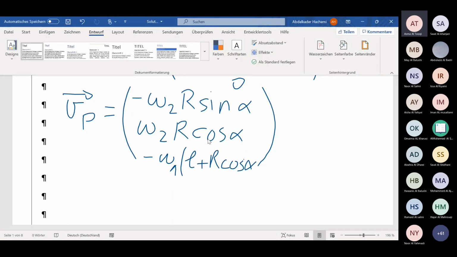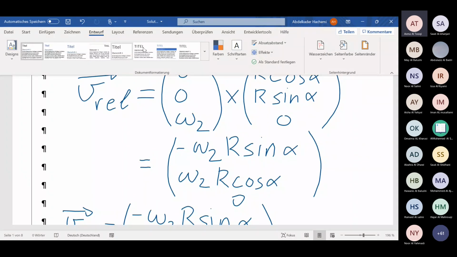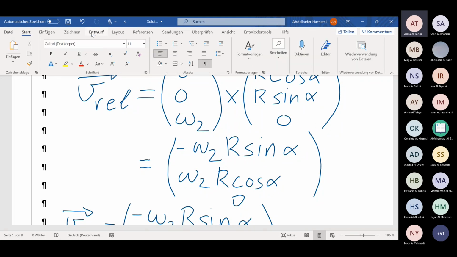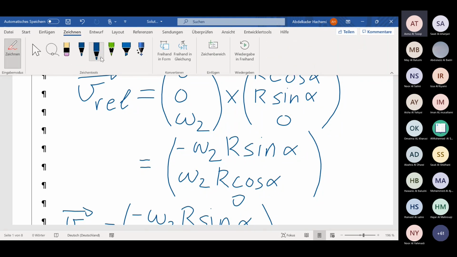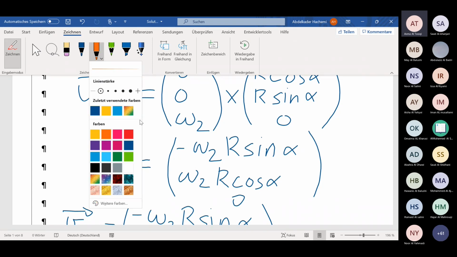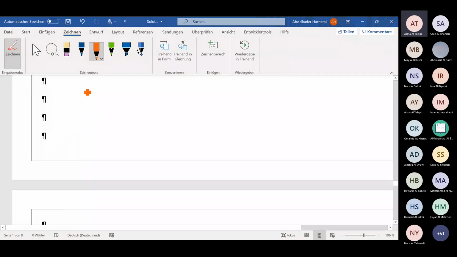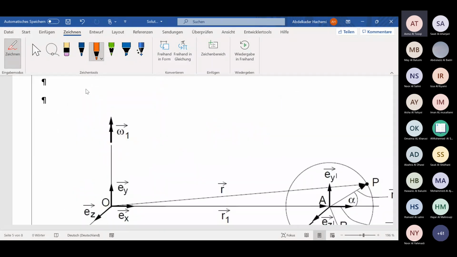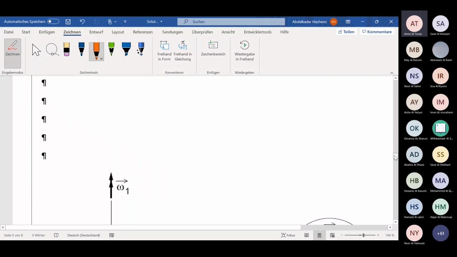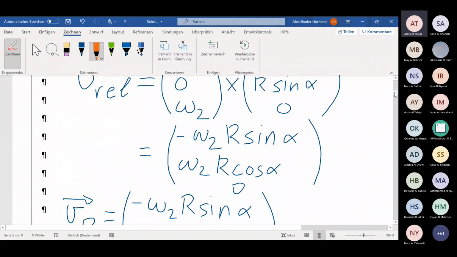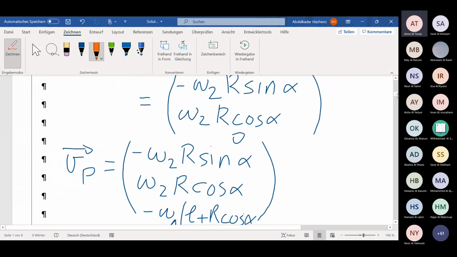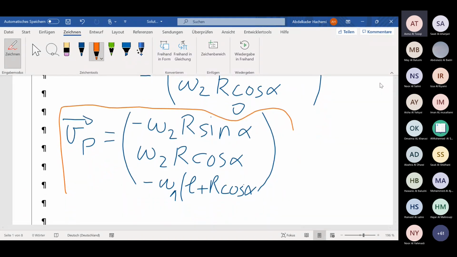This is the expression for what is asked in the first question. This is now the expression for Vp.